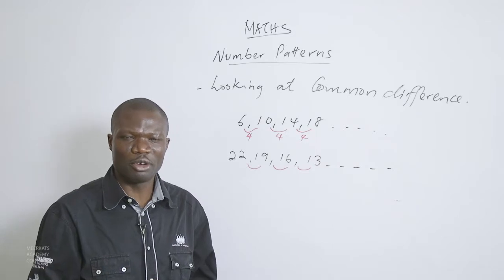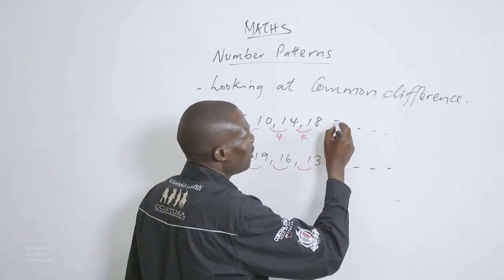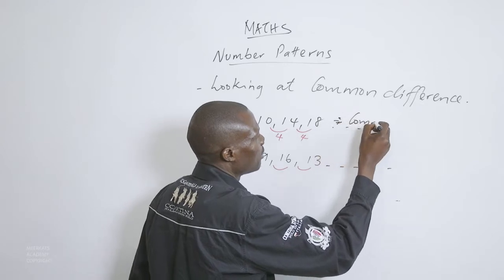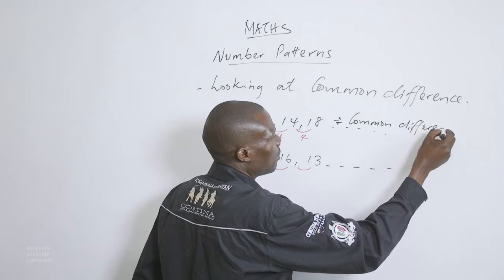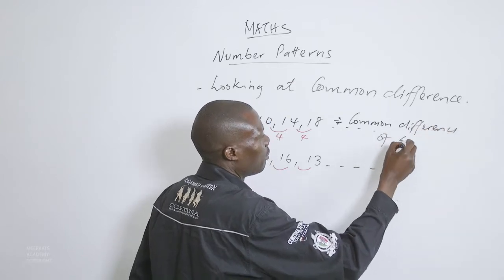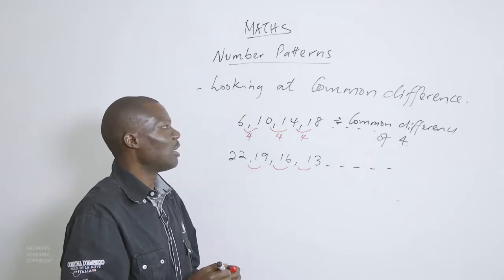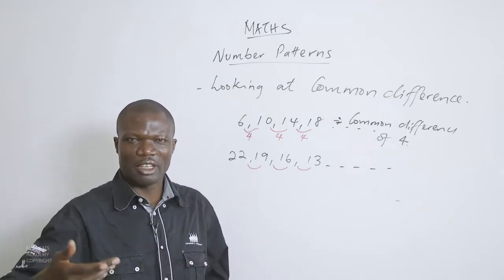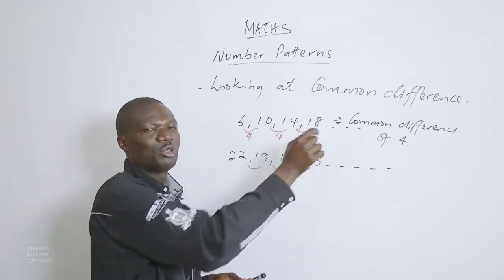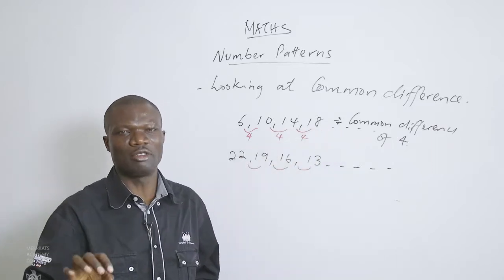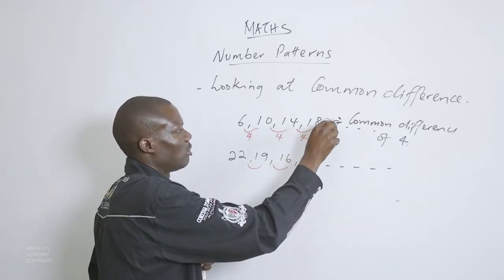So we can conclude that there is a common difference of 4. And if we are asked to identify the next term, we shall know that from 18 we are supposed to add 4. That gives us the next term as 22.